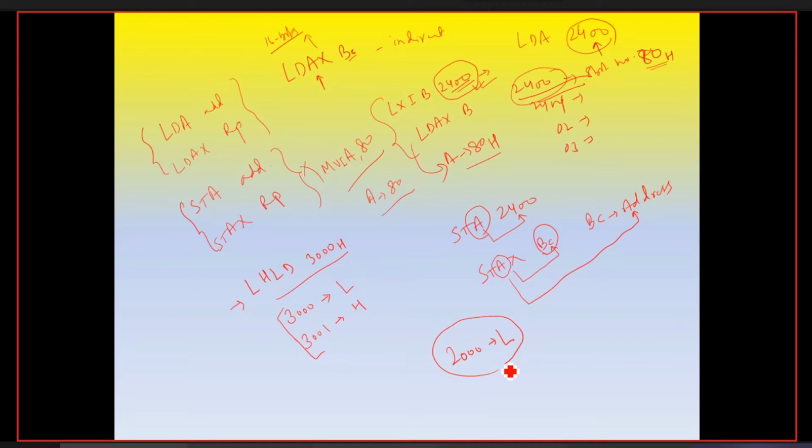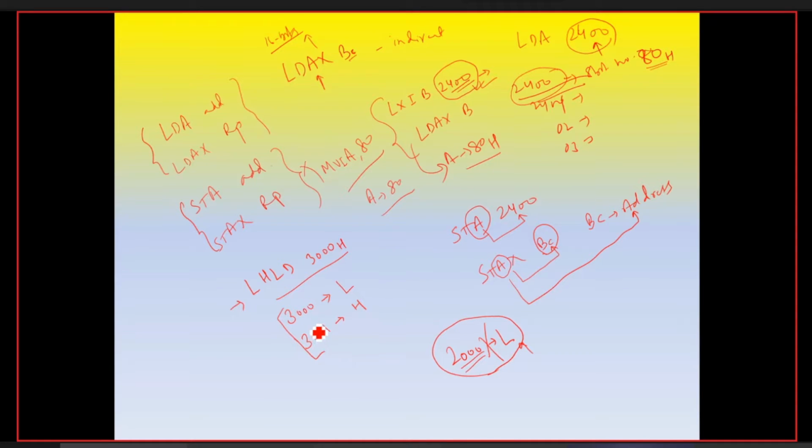Yes or no? Forget about this instruction. In general, can we move 2000 to register L? No, sir. Why? Sir, it should be 8 bits. Correct, it should be 8 bits. Register L can store a maximum of 8 bits, but this value is 16 bits.